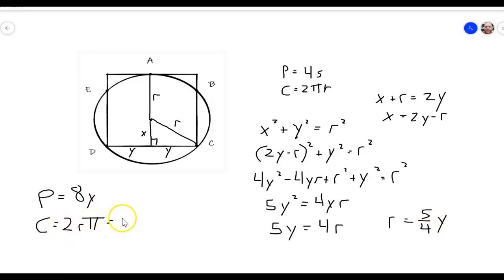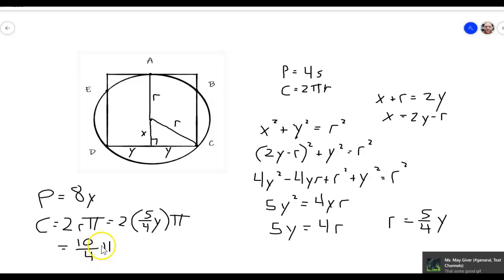So that's going to be equal to 2 times 5 over 4 y, times pi. And that's going to be equal to 10 over 4 times pi times y. All right. So we're pretty much done with this.